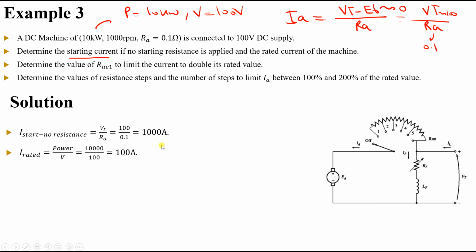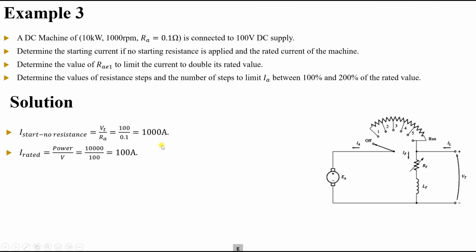Great. So what we can see right now is that the starting current compared to rated current is 10 times I_rated. So it is a very large amount of current that can damage our windings, our machine, commutators, brushes, everything.